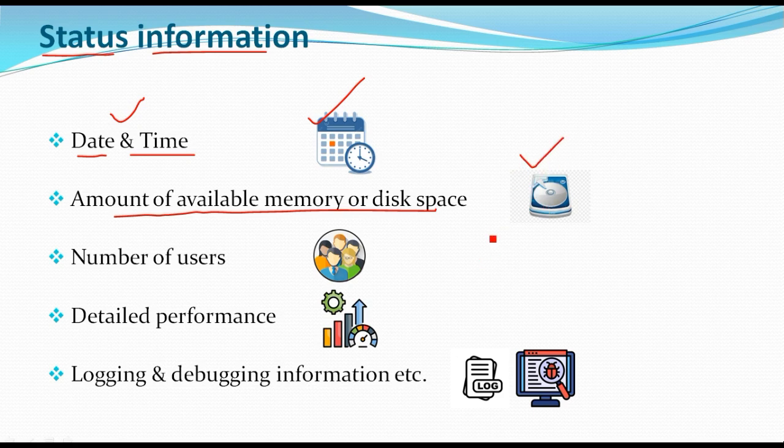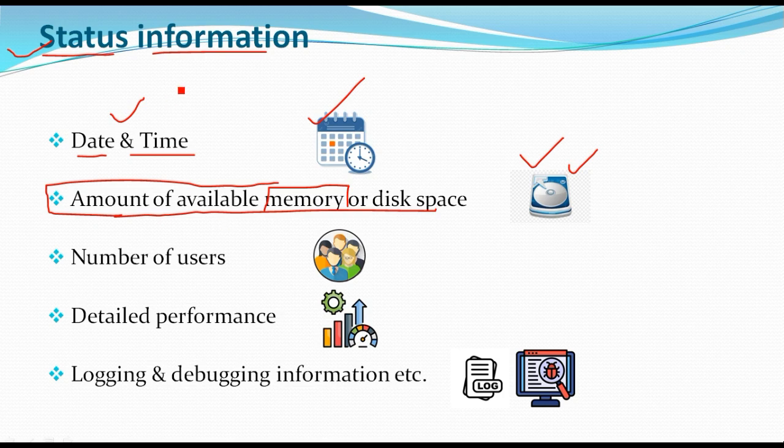So how much memory is available, how much disk space has been utilized by which process, or which process is occupying how much memory. We can obtain all that detailed information from the status information service or system call.